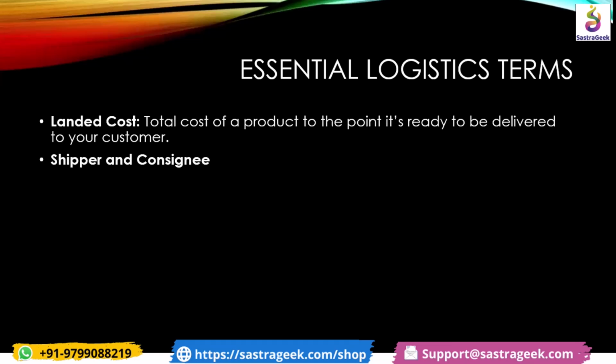Okay, shipper is a kind of shipping plant, and consignee is a kind of customer premises. Okay, fine. So let's go with the understanding of what these terms are.